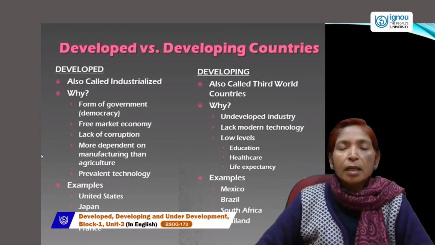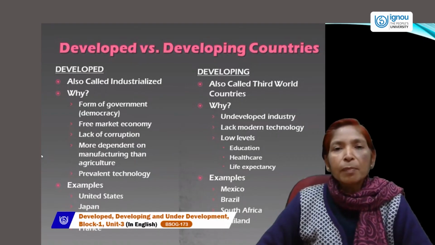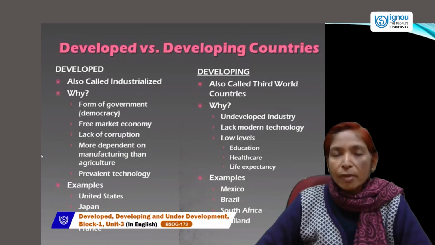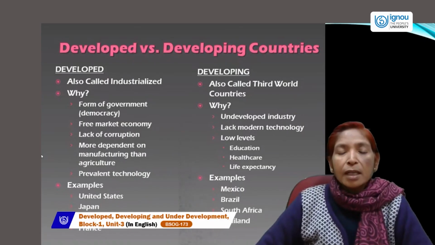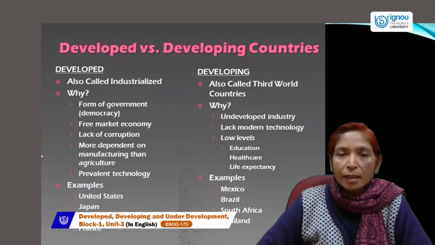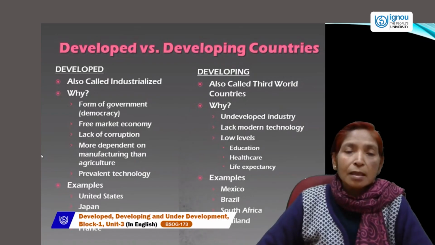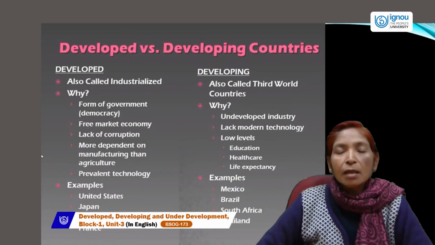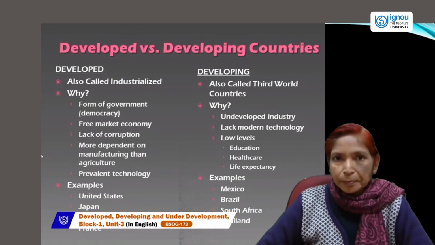At present in India, about 40% of the country's people are still illiterate. They are not literate, and fewer people are highly educated. Here is a lack of, or low level of, healthcare and medical facilities. Life expectancy is also lower in developing countries.